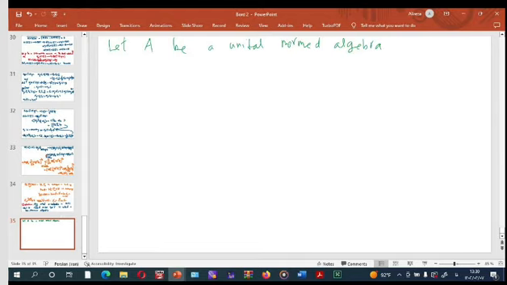S of A, we know S of A equals the set of all elements in A such that the norm equals 1.